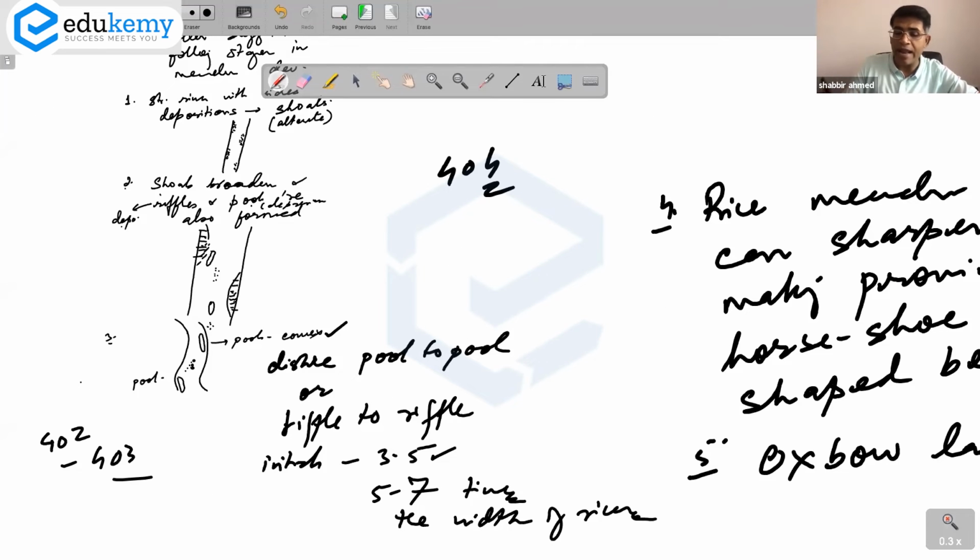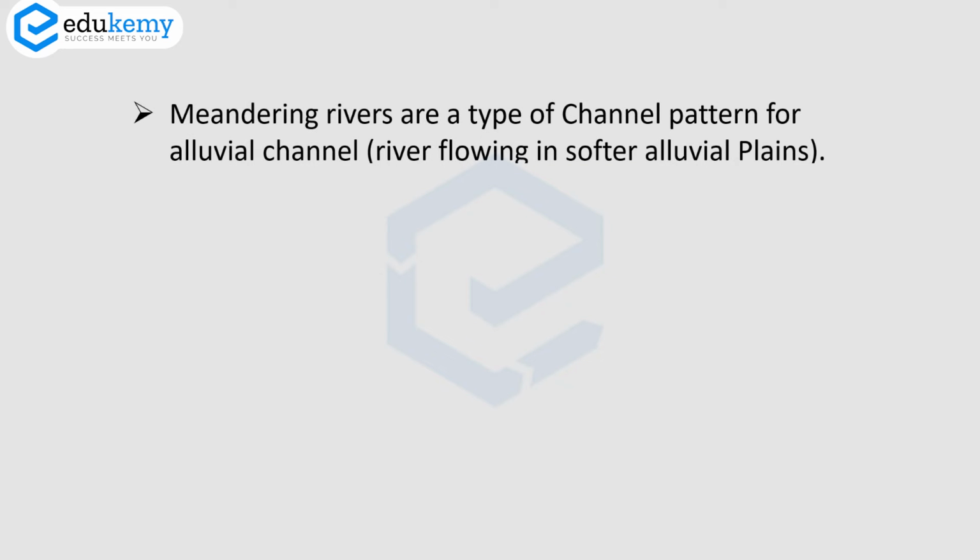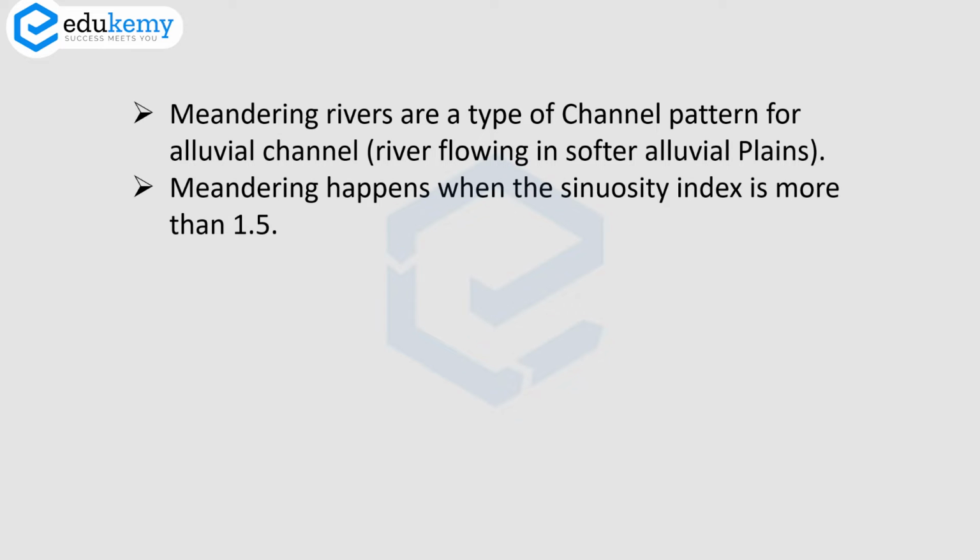Now, one point you can add: meandering rivers are a type of channel pattern for alluvial channels. Alluvial channels means rivers flowing in softer alluvial plains. These are not rivers on hard rocks. Meandering happens when the sinuosity index is more than 1.5.